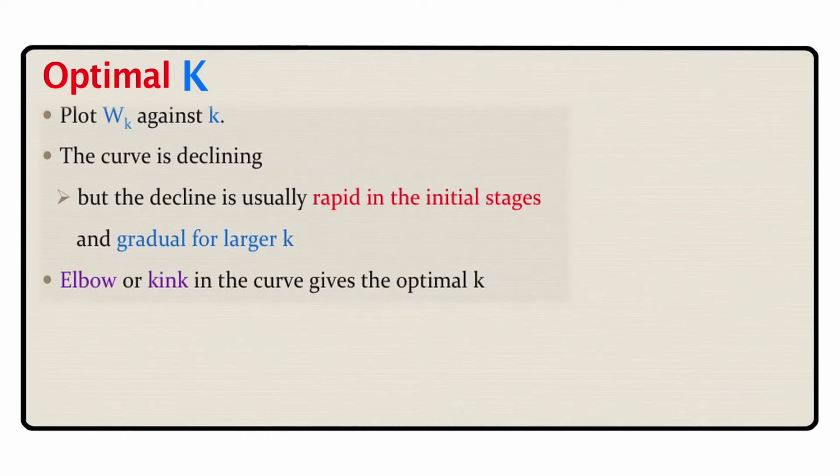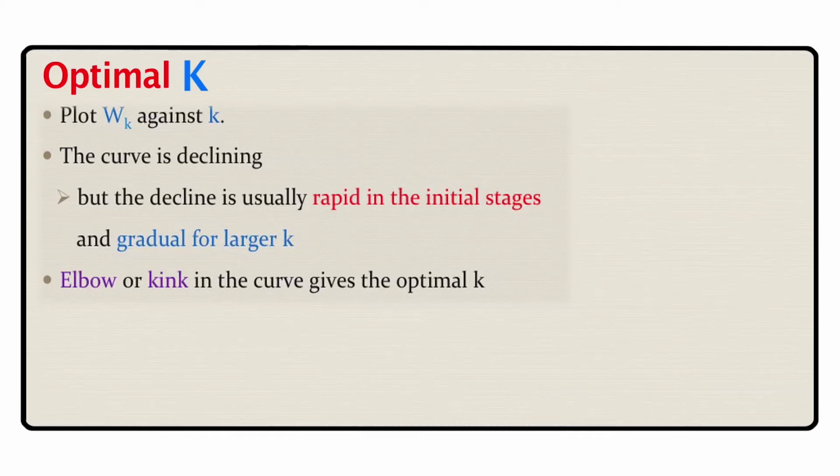But the decline would usually be rapid in the initial stages. As you form the first 2, 3, 4 clusters, the decline in Wk would be much larger. But once homogeneous clusters are formed, the decline would be much more gradual as you have a larger number of clusters.